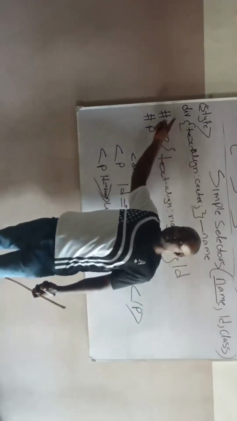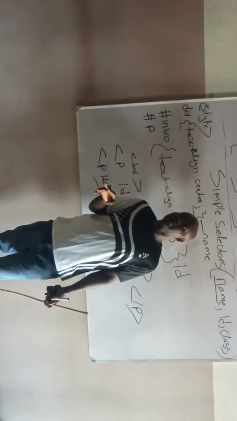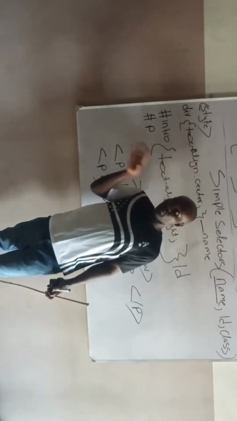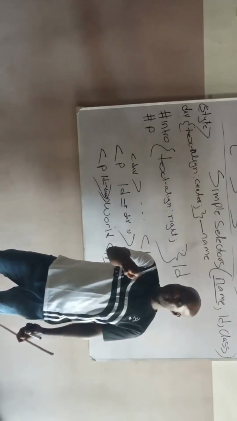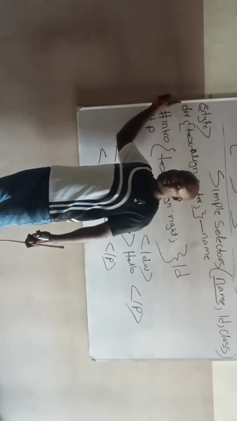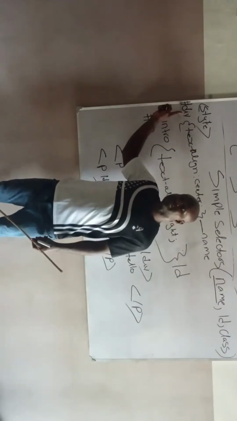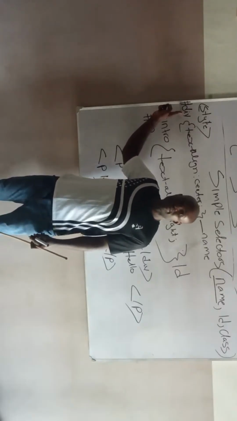Obey this. But one had asked me, what if you want to target a particular element? You said more than one. Now, if you want to target a particular element, this one is the name of an element, right? What if I put hash? Is this a name of an element? No. It's no longer a name of an element.